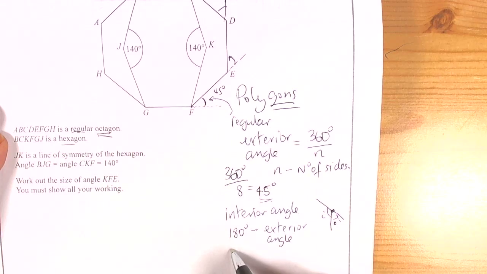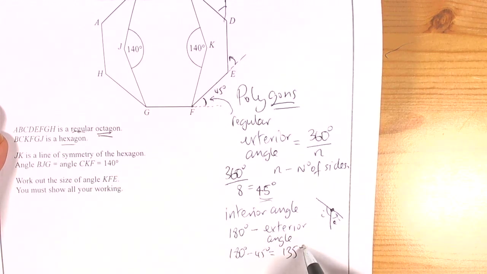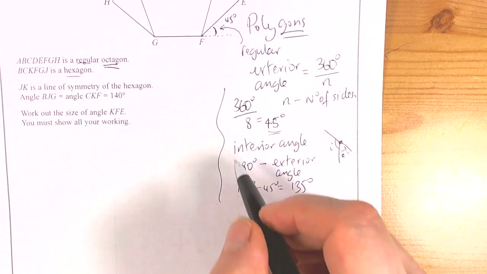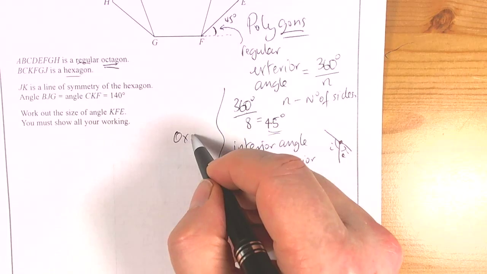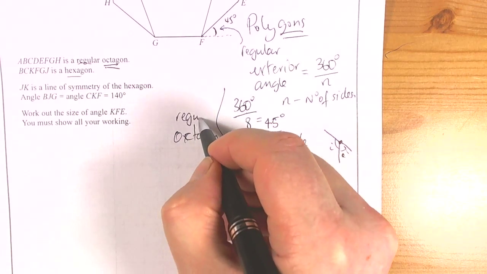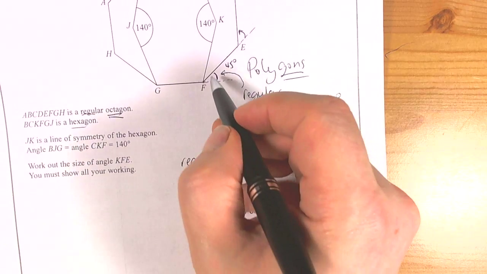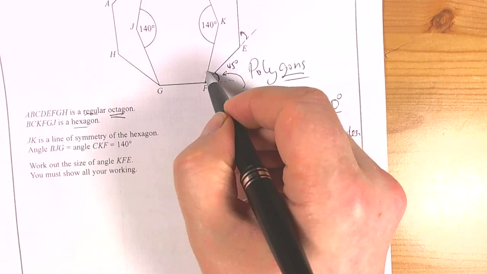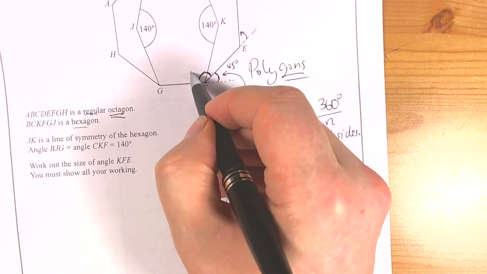So we do 180 take away 45 degrees, which is 135 degrees. So this is all for the regular octagon. So we now know if that's 45 degrees, then the whole of this is 135 degrees.